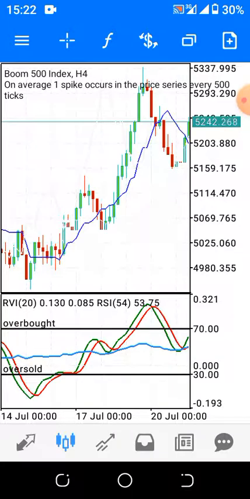We have the relative strength index and we have the relative vigor index. The vigor index has two moving averages crossing each other, but we are not looking at the red crossing the green one, or the green crossing the red.